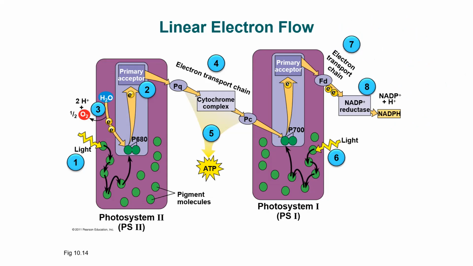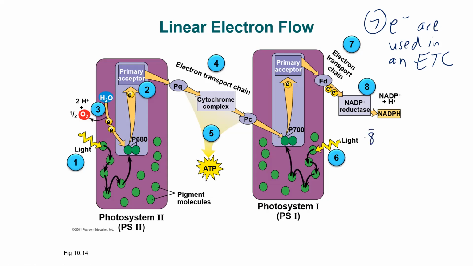So we'll get there. All right, 7 and 8, we have another electron transport chain. So we can say that number 7, electrons are used in another electron transport chain, ETC. And then number 8 is what happens to those electrons ultimately, okay?